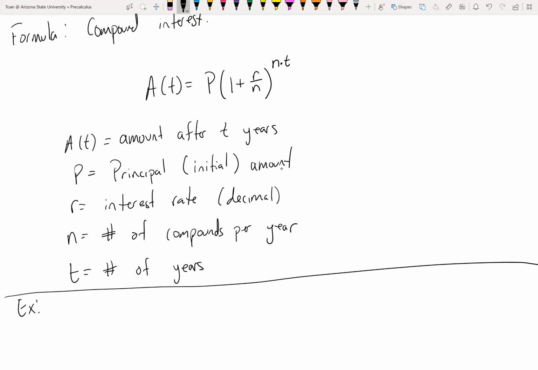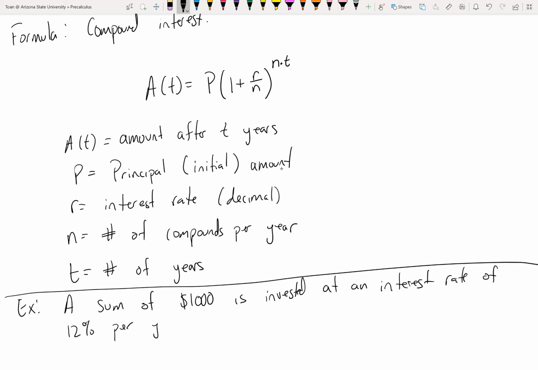So for example, a sum of $1,000 is invested at an interest rate of 12% per year.